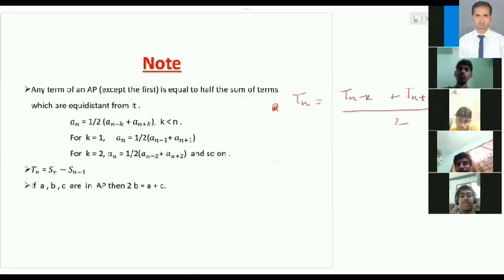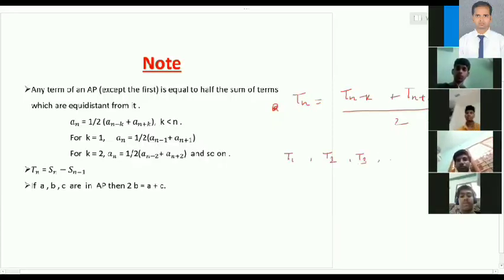Let's say I'm taking the first term, second term, and third term of an AP. If you want to write the second term, the middle term, from this second term, if you come one term before, what will you get? First term.